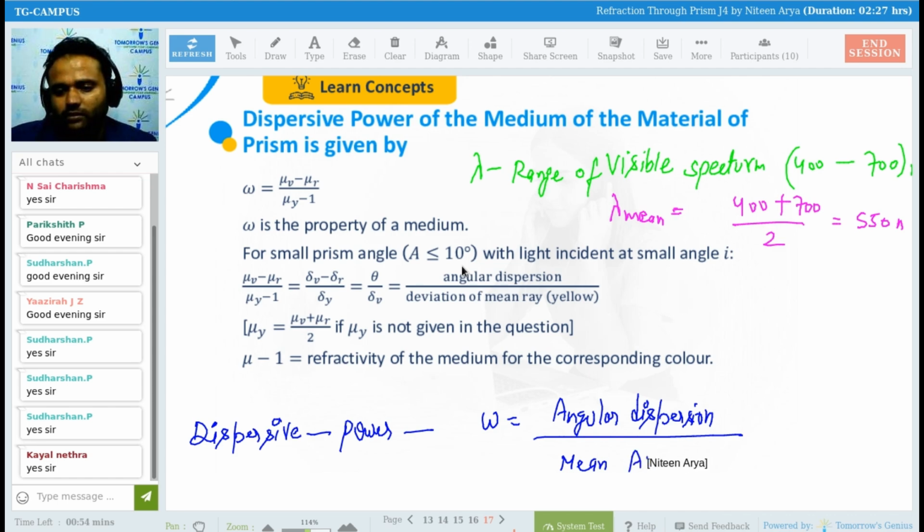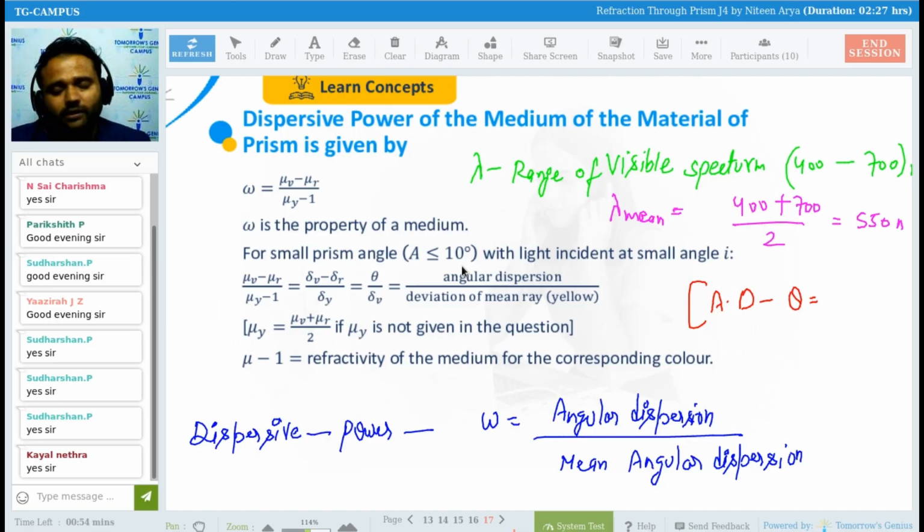Mean angular dispersion. See, angular dispersion you guys know, right? Angular dispersion, AD, I am going to write now. Angular dispersion, which is theta, you guys know. Either you can write it in terms of mu or angle of deviation, or directly like this.